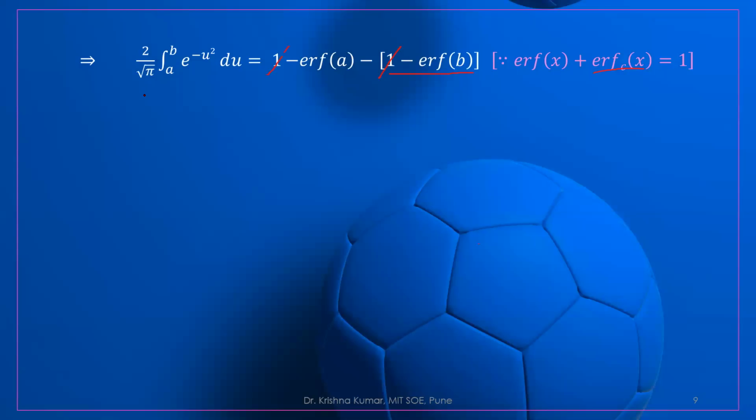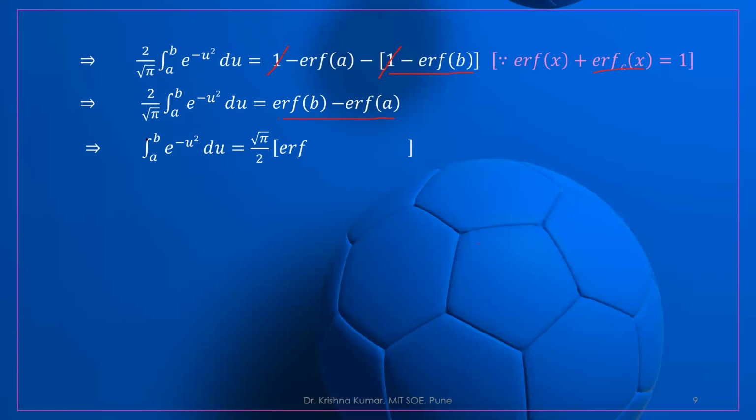So we get 2 upon root pi integration of e to the power minus u square under the limit A to B du, and minus and minus will become plus. So if we transpose 2 upon root pi to the right hand side, we have our main result.